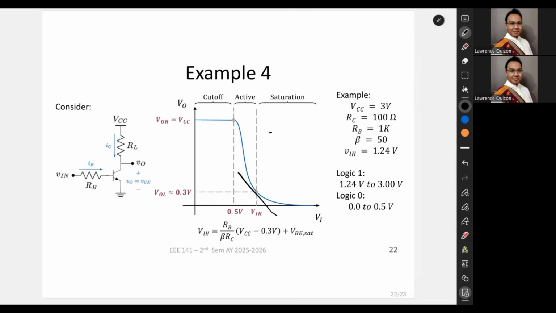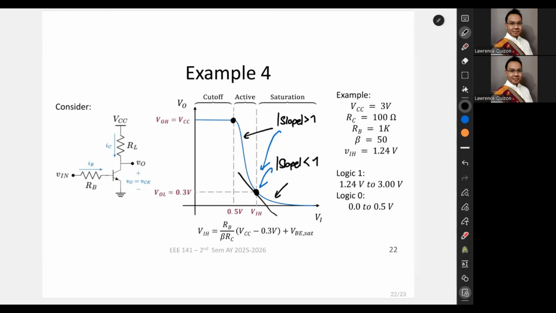The reason for this is that the active region has a gain of greater than 1, and in saturation, the gain quickly goes below 1. So practically, it should be reasonable to assume that slope equals -1, this is magnitude by the way, should appear right at the border between active and saturation. Same for the border between cutoff and active.